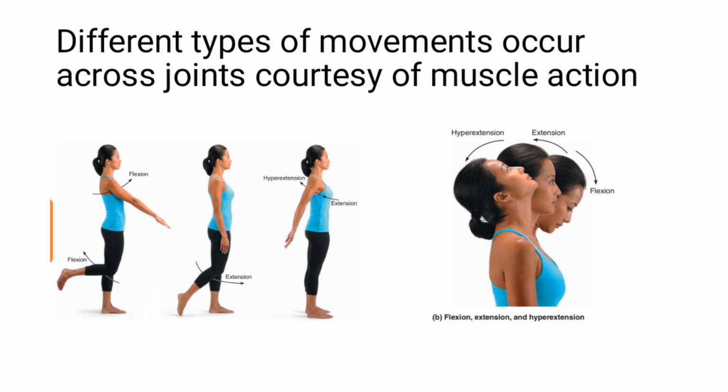All right. So different types of movements occur across joints courtesy of muscle action. So we have a movement called flexion, right? Who is able to describe flexion for us?